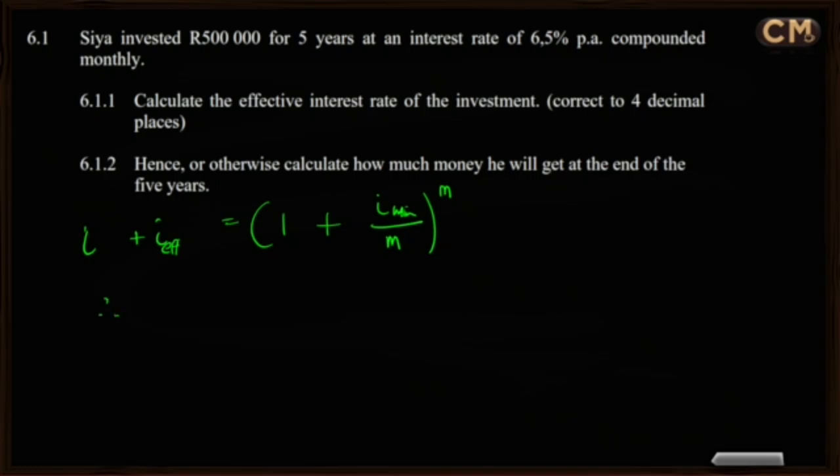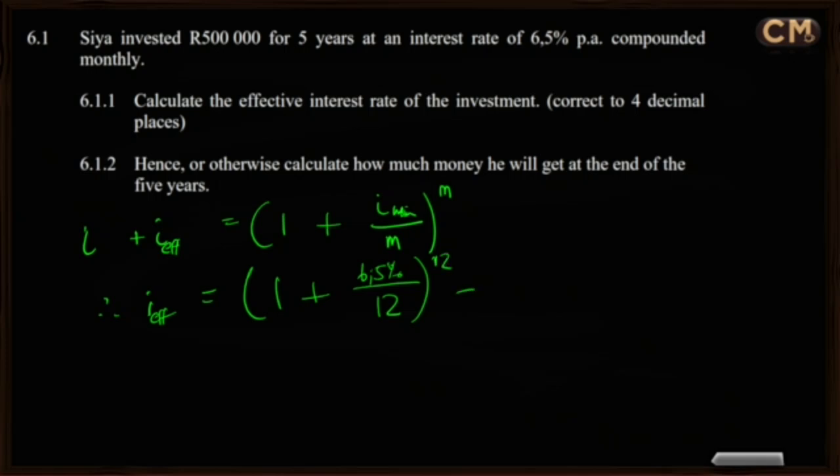So, therefore, our effective interest rate can be calculated as well. What are the inputs? 1 plus 6.5% over 12. That's the way the calculator can accept it nowadays.